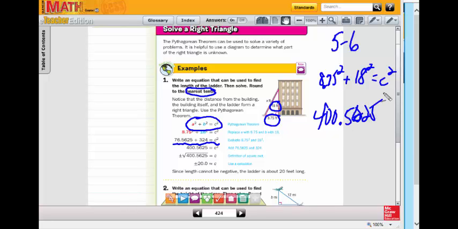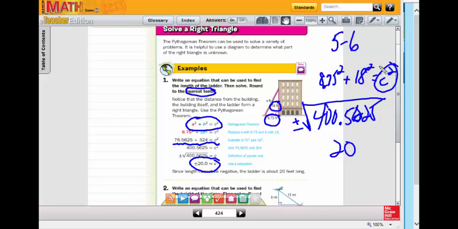And we need to take the square root of that, and remember, this is a plus or minus situation here because we started out with a variable squared, but in this case it doesn't make any sense to have a negative distance. If we take the square root of that, it's going to be approximately 20. So our ladder is a 20-foot ladder.